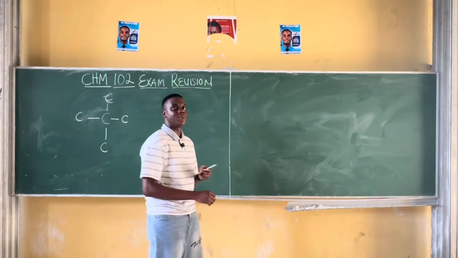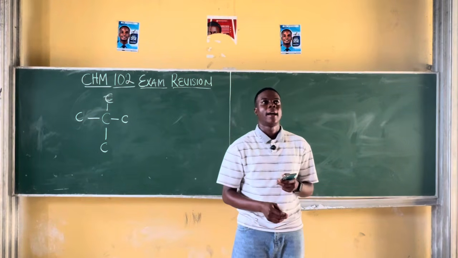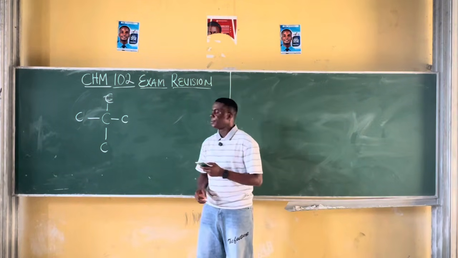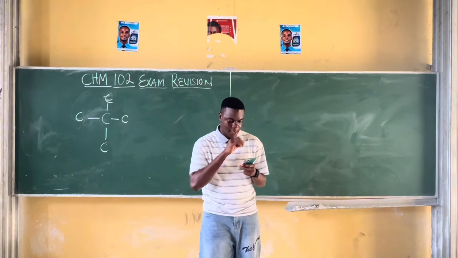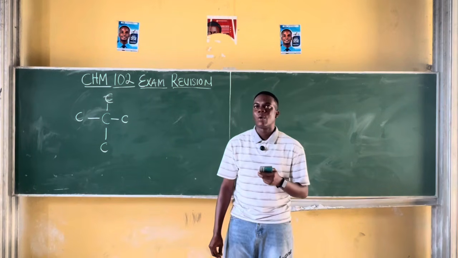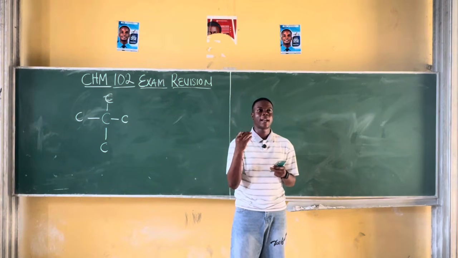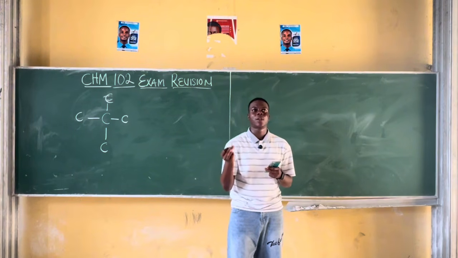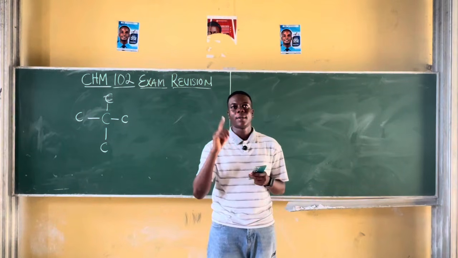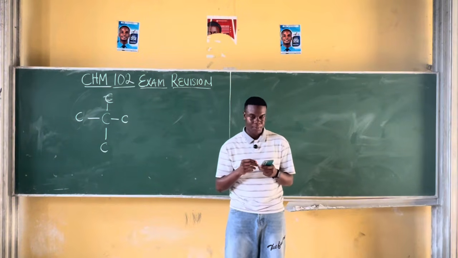When a carbon atom is bonded to 4 other carbon atoms, it is called a quaternary carbon. So the correct option is quaternary carbon. When the carbon atom is bonded to 3 other carbons, it's called a tertiary carbon. When it's bonded to 2, it's called a secondary carbon. And when it's bonded to only 1 carbon, it's called a primary carbon. Those are the answers to those kinds of problems.